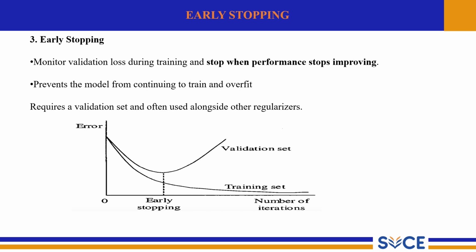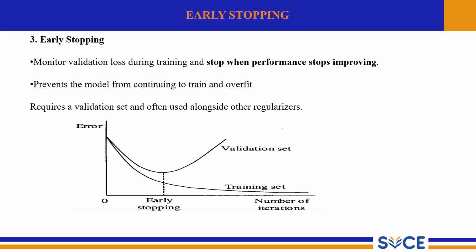This prevents the model from overfitting because it stops learning patterns that only exist in the training data. Early stopping requires a separate validation set, and it's commonly used along with other regularization techniques like dropout or weight decay. It is an effective, low cost way to ensure the model generalizes well.